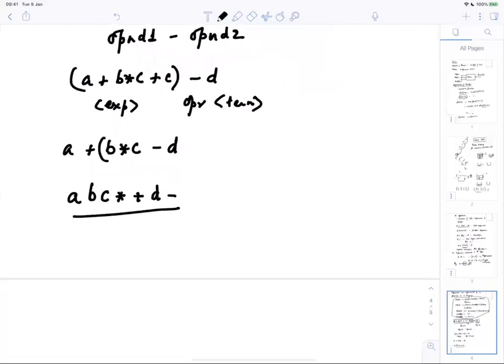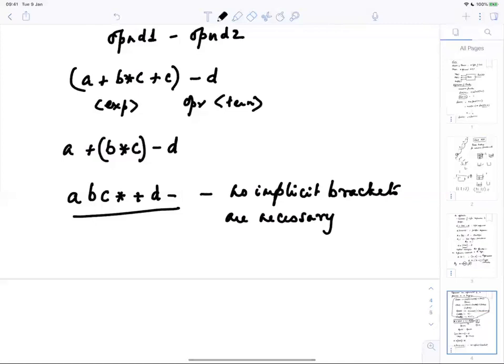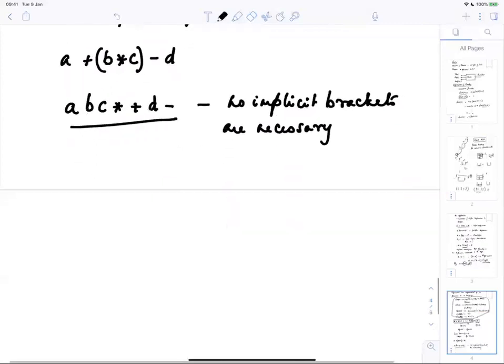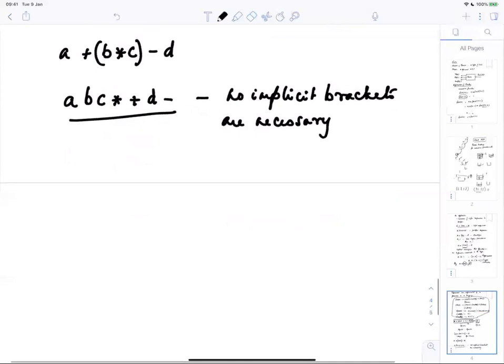Here, for example, there was an implicit bracket. No implicit brackets are necessary. I'll tell you why this is so. Brackets are not necessary for evaluating this expression. So let's see how, of course, the one assumption that is there is that the operators are binary.